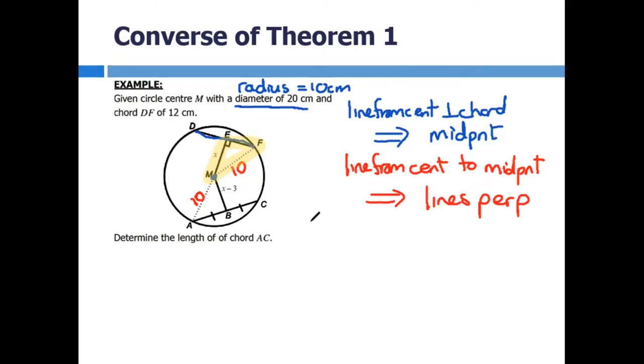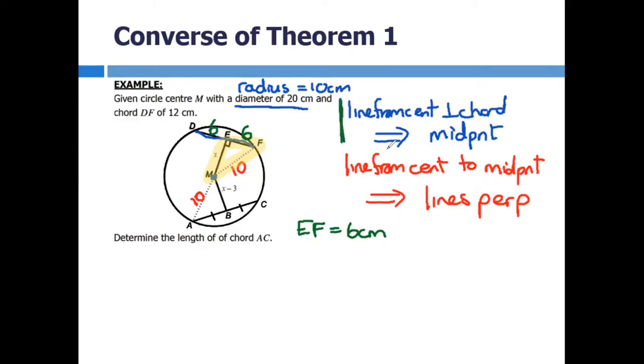So EF is going to be equal to 6 centimeters, but we've got to explain why. The reason we know that this is 6 is because that had to be a midpoint and each side was going to be 6 because the whole thing was 12. So it's using this bit over here.